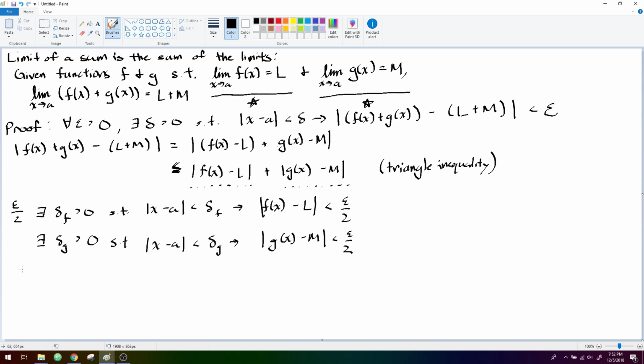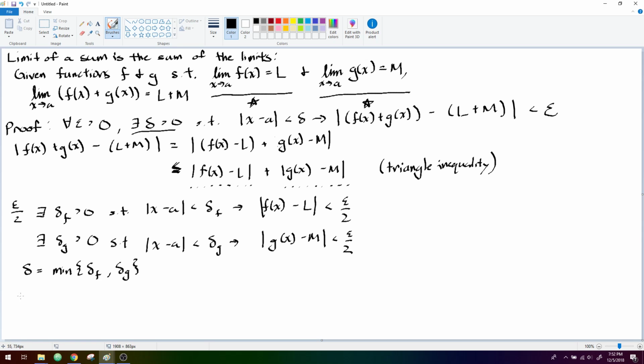And the final step that's going to bring all of this together is we're now going to choose a value that's going to work. We're going to choose the delta that we need to exist from here. We're going to choose that delta to be the minimum of these two. And what does that do for us?